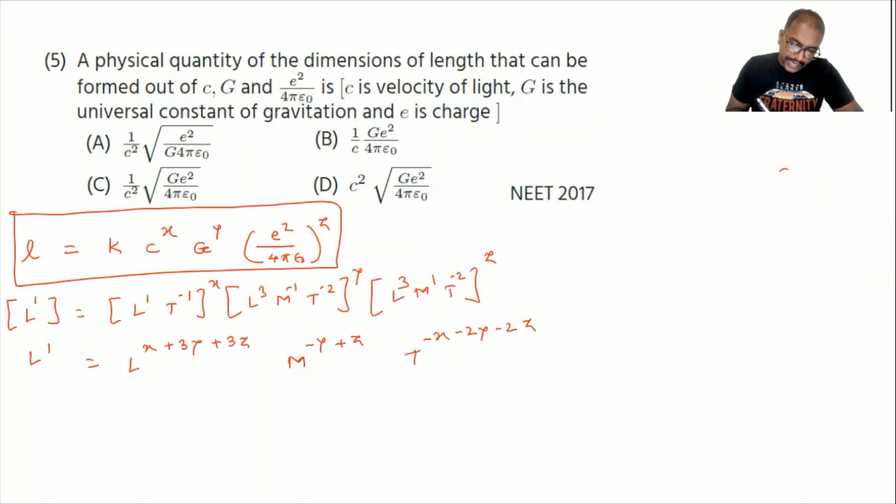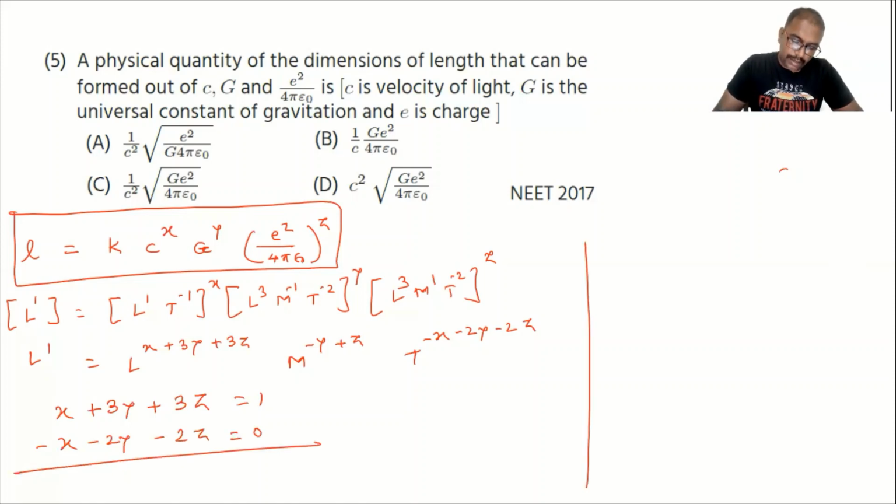Okay. So we write the equation here. First equation is x plus 3y plus 3z is equal to 1 by equating the powers of L. By equating power of T, we can write minus x minus 2y minus 2z is equal to 0. Then by equating power of M, minus y plus z is equal to 0.